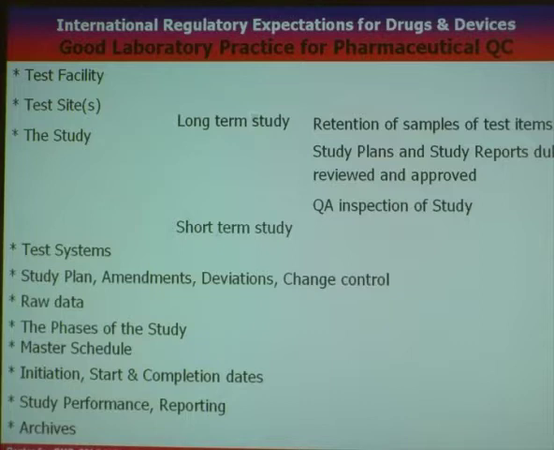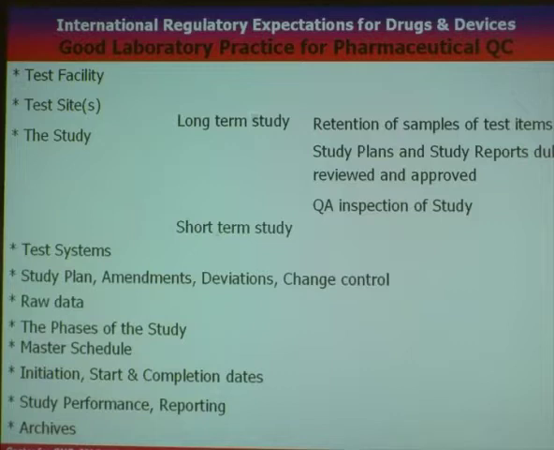And then you have the study plan or the protocol, which gives full information as to how you plan to do your work, how you plan to proceed, what results you expect, and how you propose to gather the raw data, analyze the raw data, evaluate the raw data, and make an assessment. And then you must have deviations and change control systems in place for amendments.